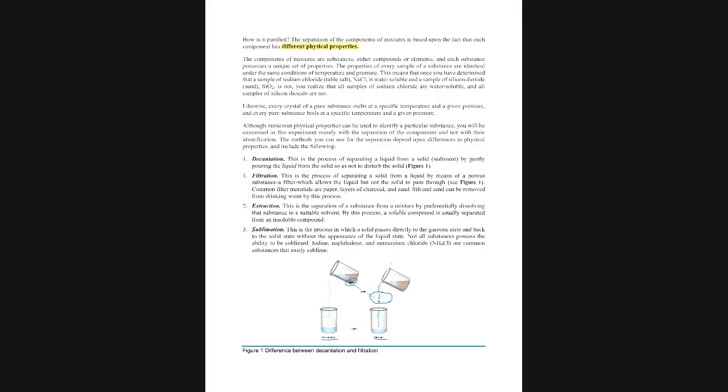A filter paper allows only the liquid to pass through, and the solid will remain in the filter. So both techniques, decantation and filtration, separate a solid from a liquid, but one uses a filter and the other just pours the liquid very slowly, and the solid stays at the bottom of the first beaker.